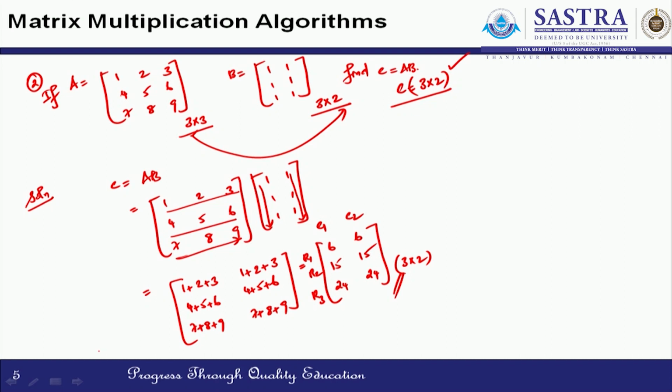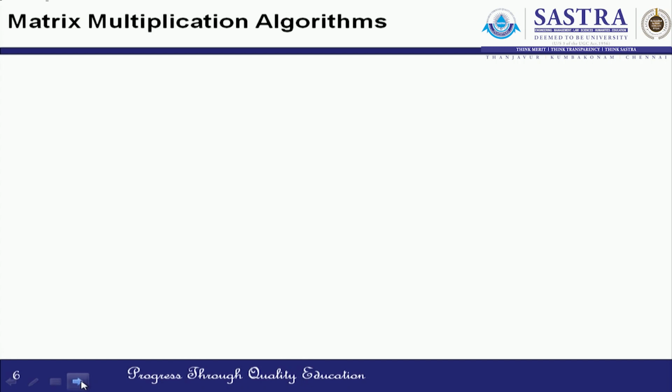To find this, let's assume that capital A is a matrix of order m by n, and capital B is a matrix of order n by p.